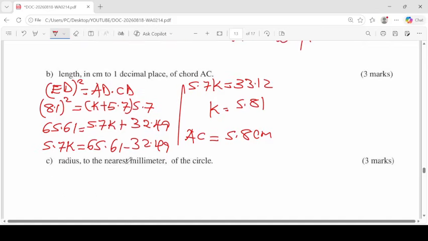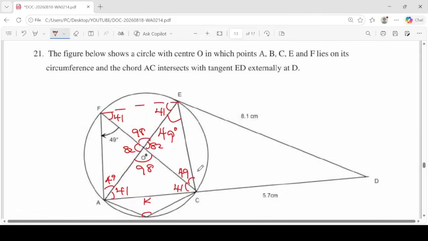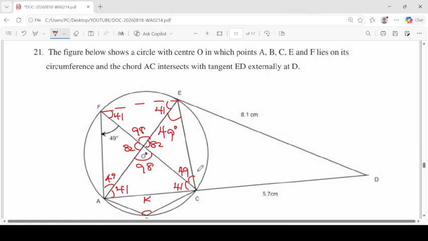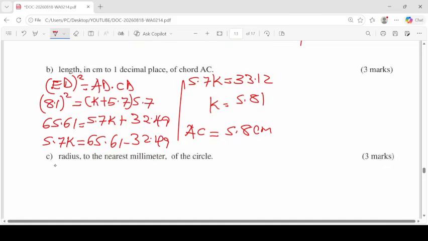The radius to the nearest millimeter of the circle. How are we going to get the radius of this circle, ladies and gentlemen? It is going to be very simple. Because I now have the length of AC, this length of AC corresponds with this angle E. So I'll say AC over sine E should be equal to 2R.